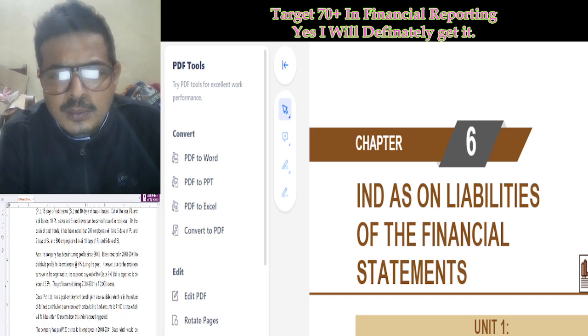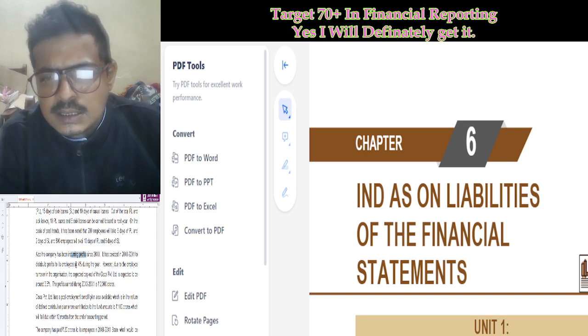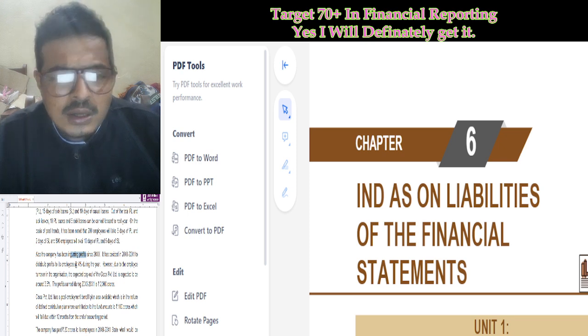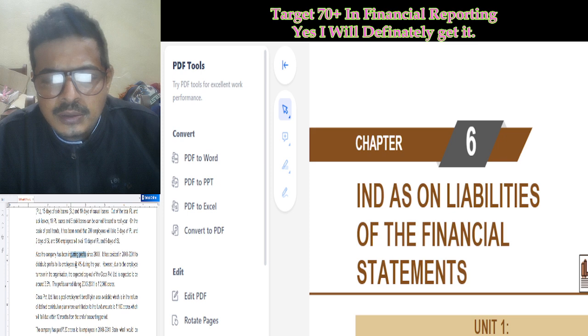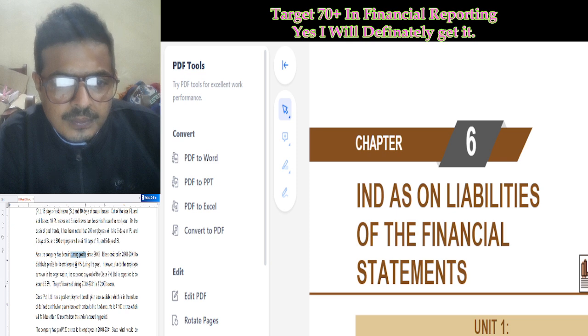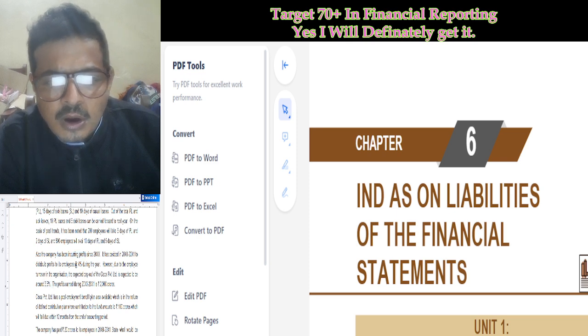been incurring profit since 20XX. It has decided in 20X0 and 20X1 to distribute profit to its employees at the rate of 4% during the year. However, due to employee turnover in the organization, the expected payout of Cisca Private Limited is around 3.5%. The profit earned during X0-X1 is 2,000 crores.